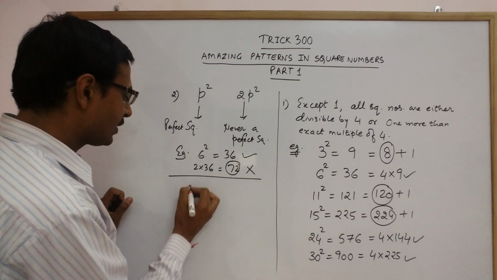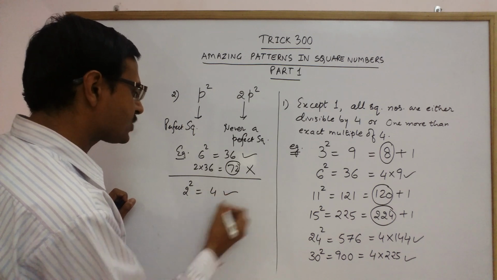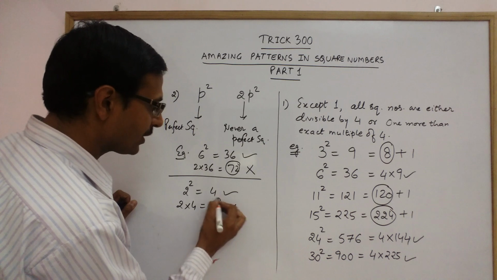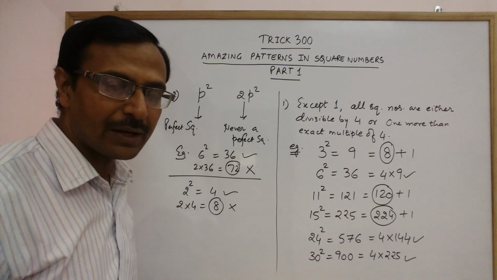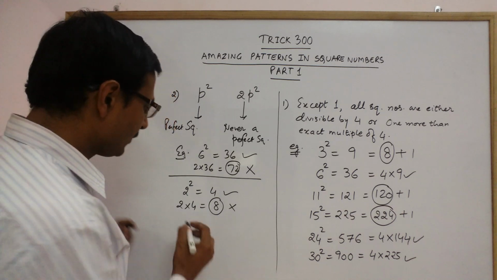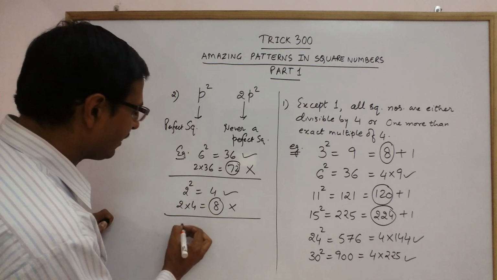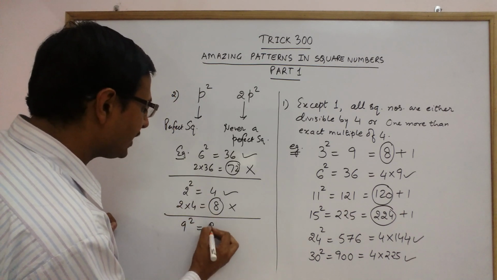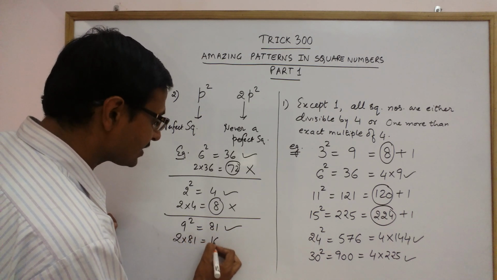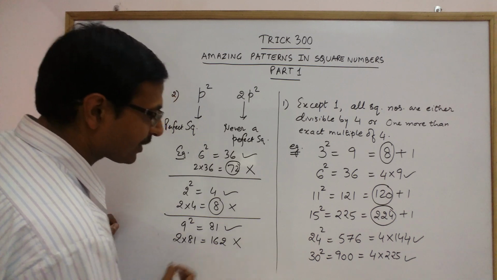Say 2 square is 4. 4 is a square. So if you take double of 4, you get 8. It is not a square. So double of square numbers are never square numbers. Take more examples. Say we have 9. 9 square is 81. 81 is a square. So double of 81, 162, is not a perfect square.